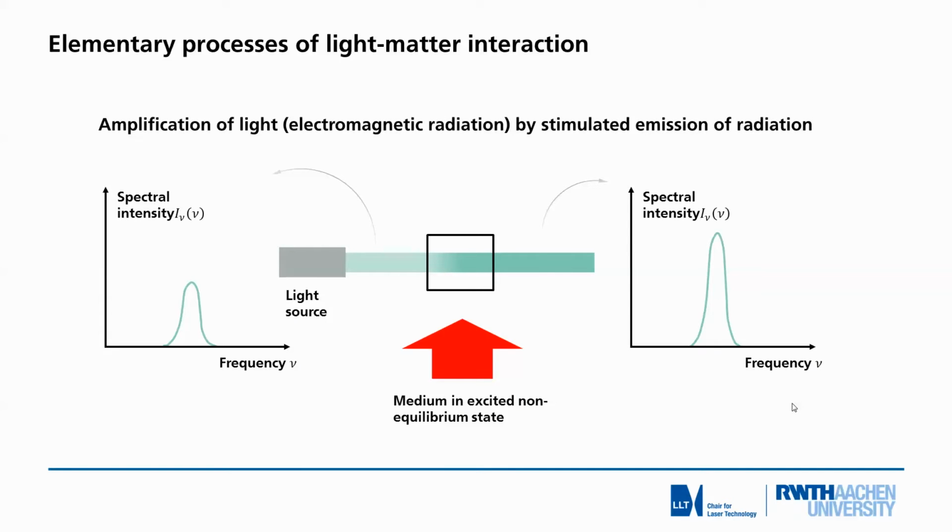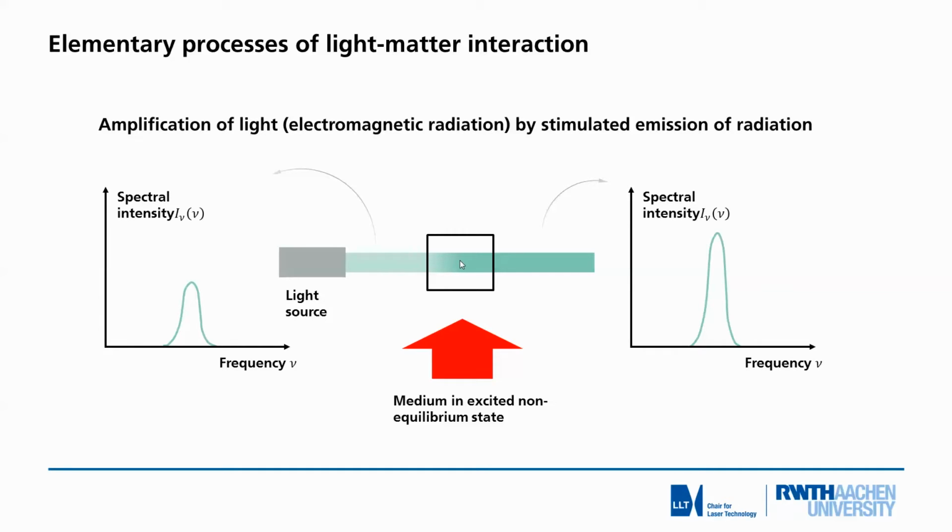Now, if we take a look at the laser as a very elementary process, the amplification of light, then think of a rather narrow distribution of frequencies, so maybe just a very small band, and we put this light into a medium, and in this medium we excite the medium such that we get an amplification of the incoming light.